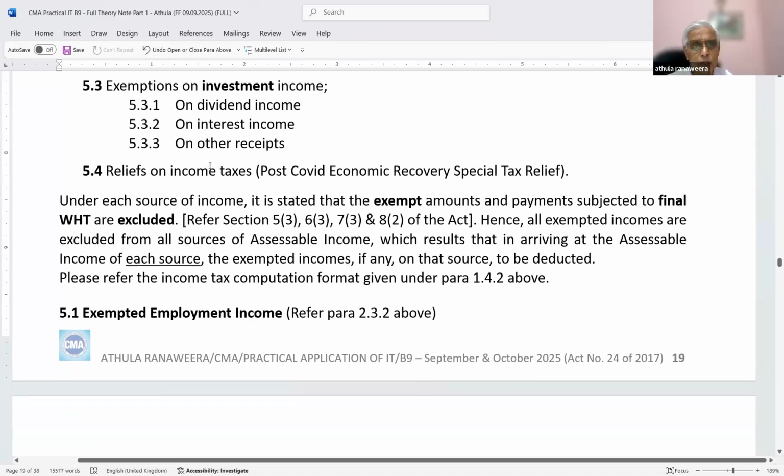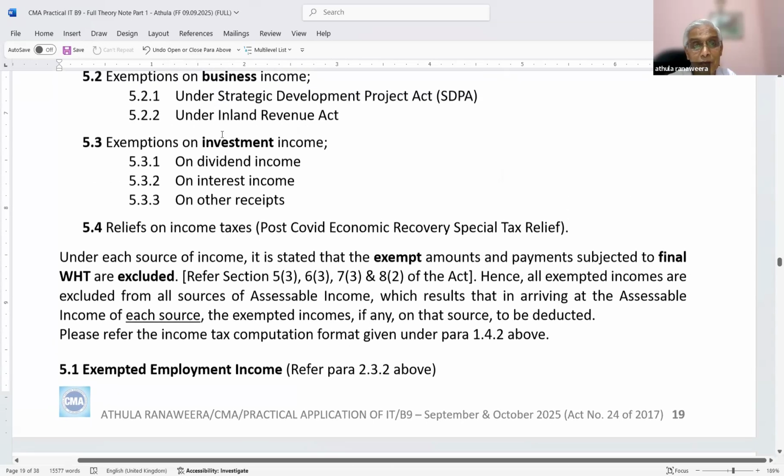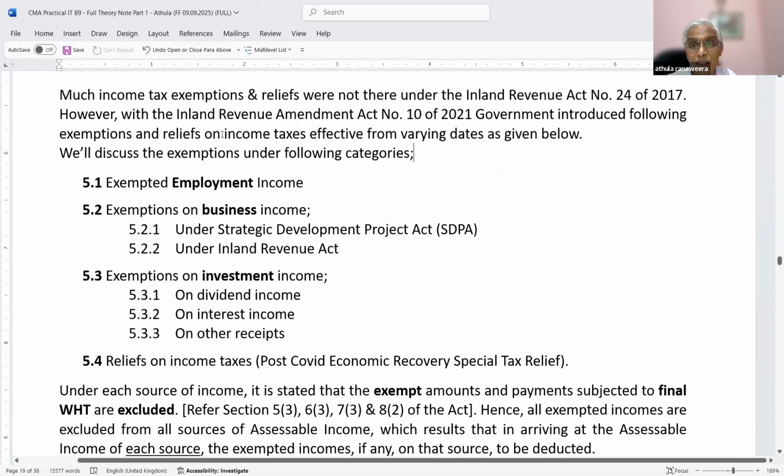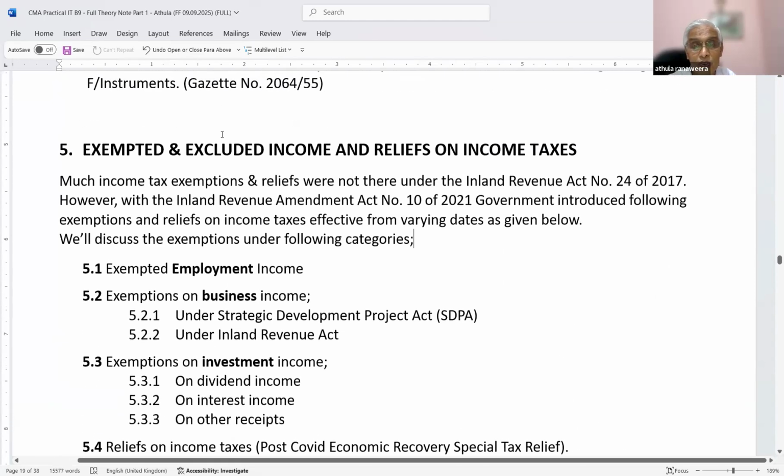Then reliefs on income taxes. There are certain reliefs. Here the relief is not the section 52 relief. I wonder whether I have used a wrong word. Relief might mislead, no? What can I use?